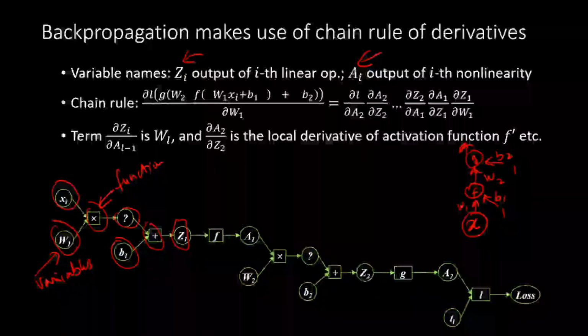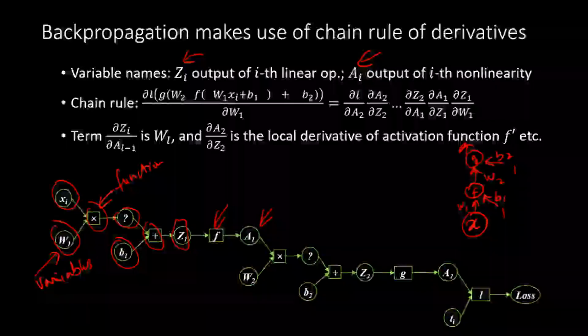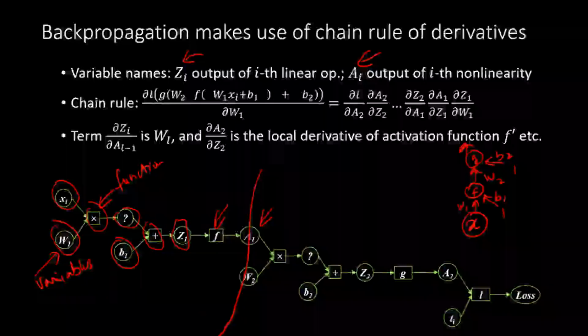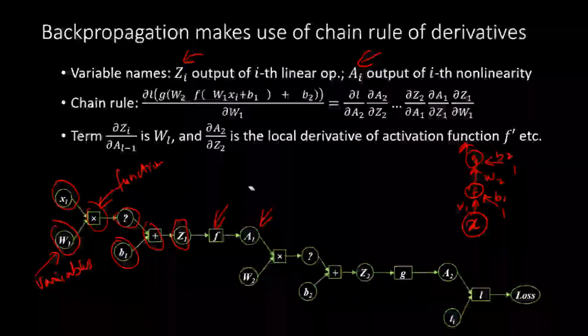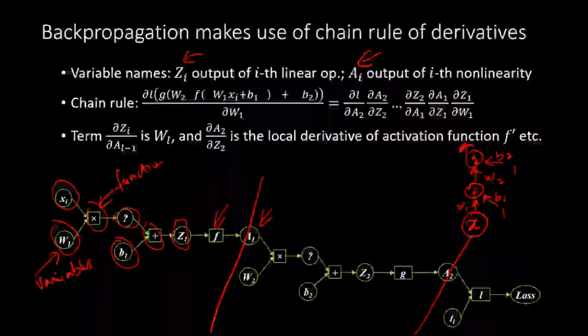So now this Z is being fed into this nonlinearity F, right? So it's a function. So again, it's a square, it's a rectangular box. And then what comes out of that is A1. Now A1, so here is your first layer. So this is your first layer, and this is your second layer.